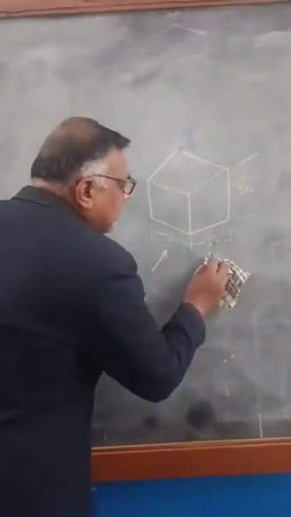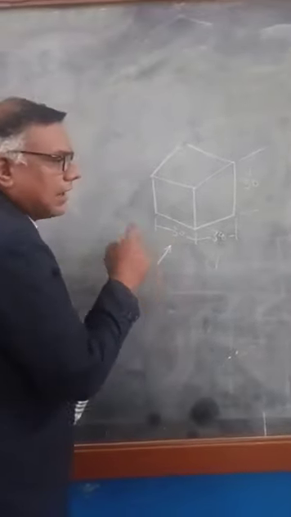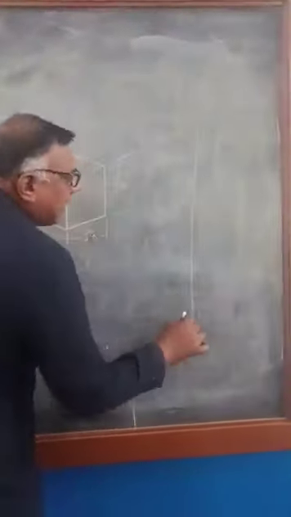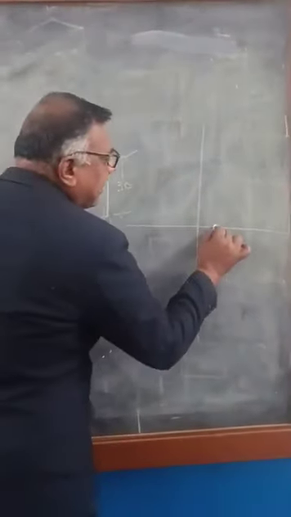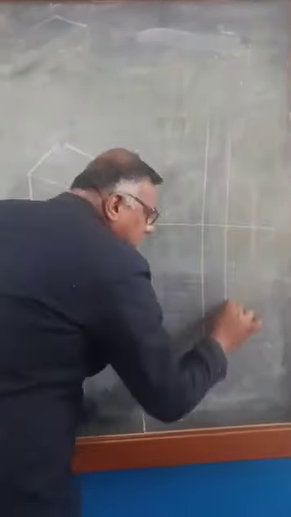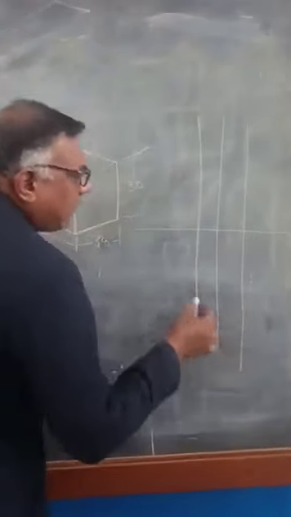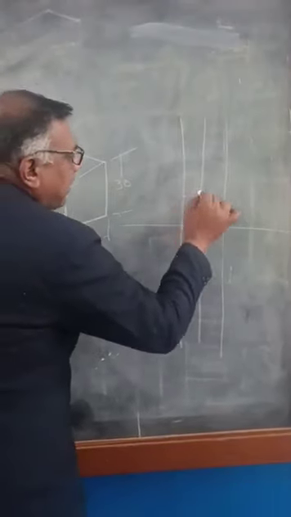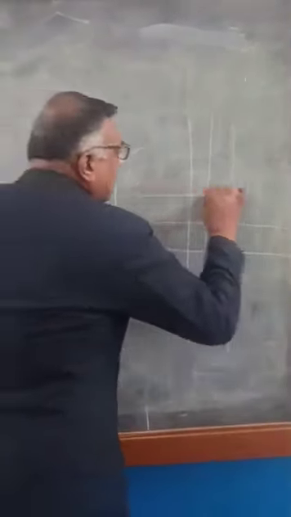Assume it is a left-hand arrow mark. First, draw a vertical line and a horizontal line. From this point, take 10 or 20 mm, that is your wish. From the left-hand side also, take 10 or 20 mm. For this horizontal line, mark 10 or 20 mm and draw a line parallel to it.